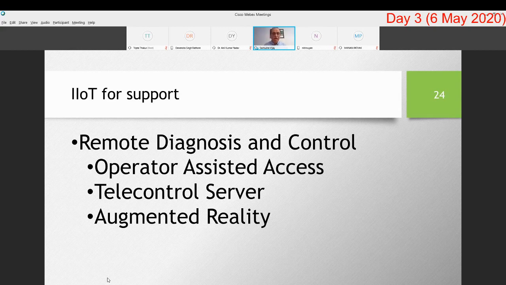For example, in Atlanta, in the United States, GE has a big data center where they basically collect data for more than 250 power plants from across 60 countries in the world.